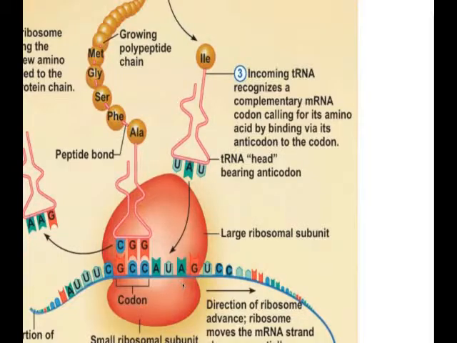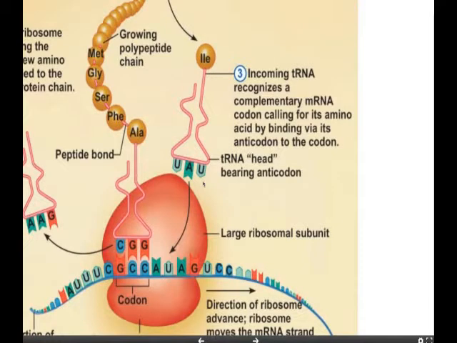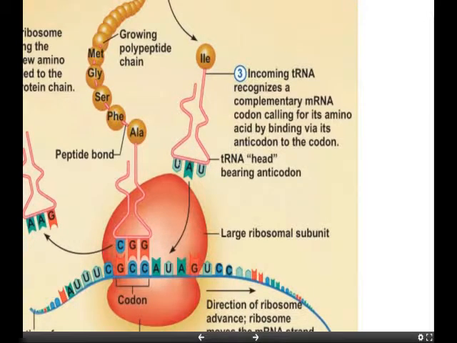In this particular case, these anticodons are going to have 3 nucleotides attached to them. Still, uracil is going to replace the thymine. So the uracil will match up every time you see an adenine in this mRNA. You'll see a uracil on the anticodon of the tRNA. Adenine will always match up with an opposing uracil on the mRNA.